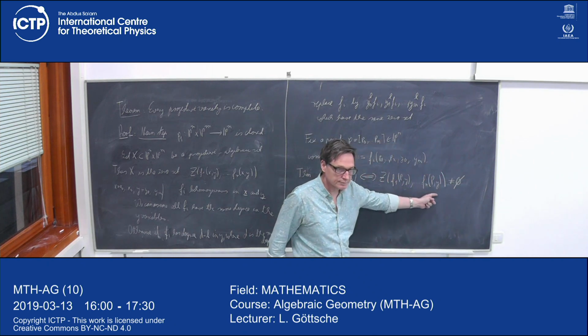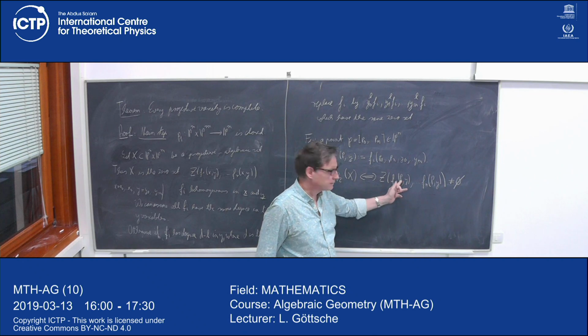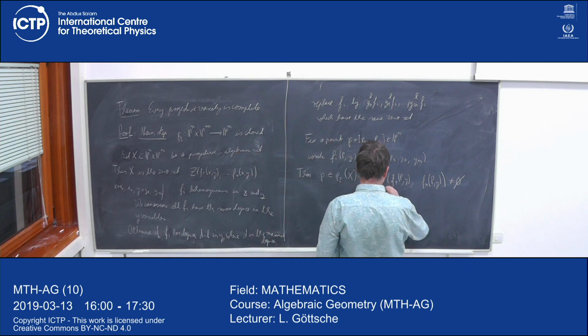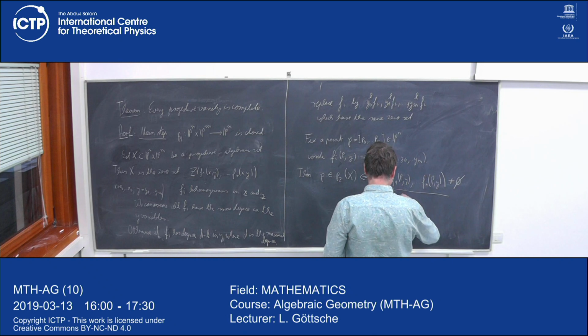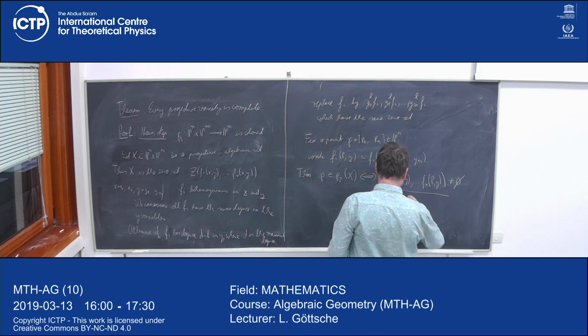Because this common zero set is precisely the points in Pn times Pm whose first coordinate is p and which lie in the zero set of these polynomials, so which lie in X. So this thing is the set of all (p,q), so this is X intersected with P1 to the minus 1 of P.